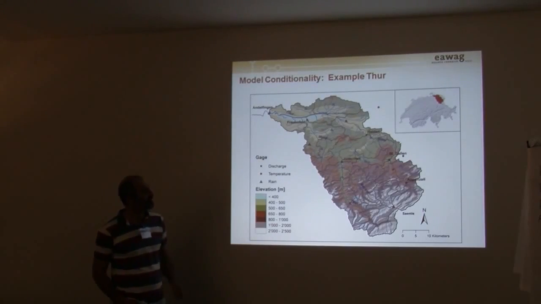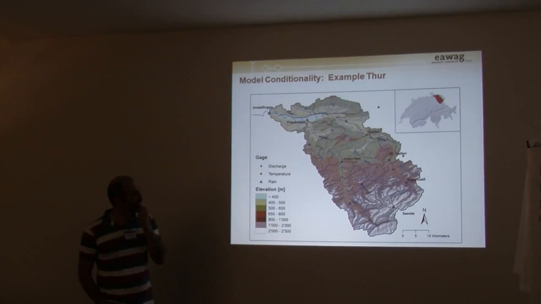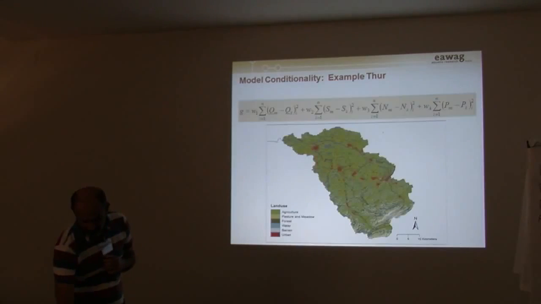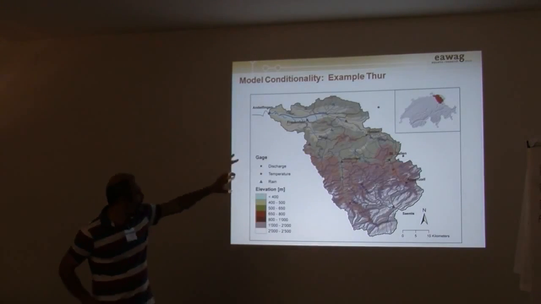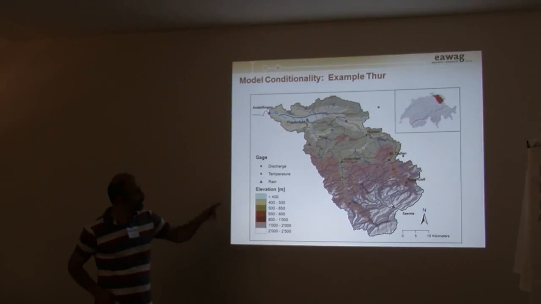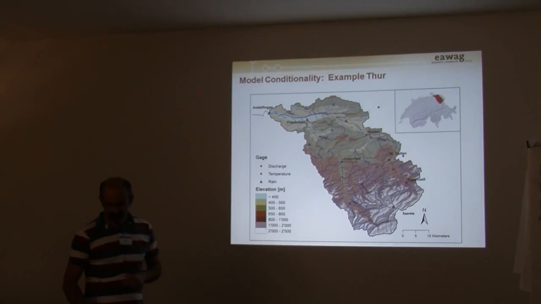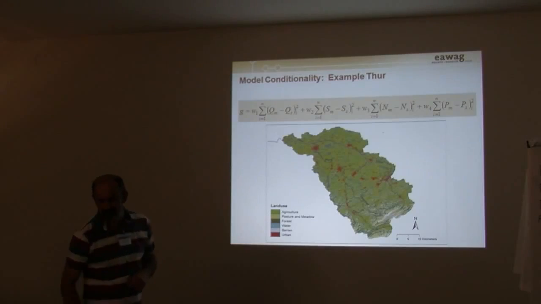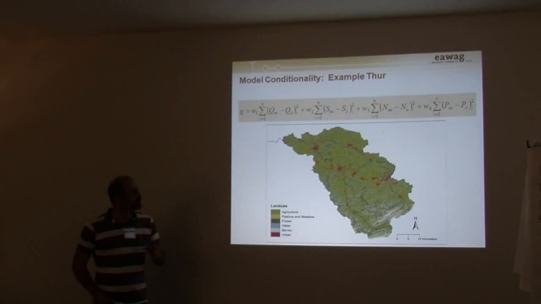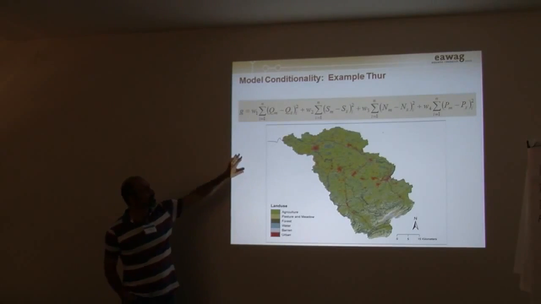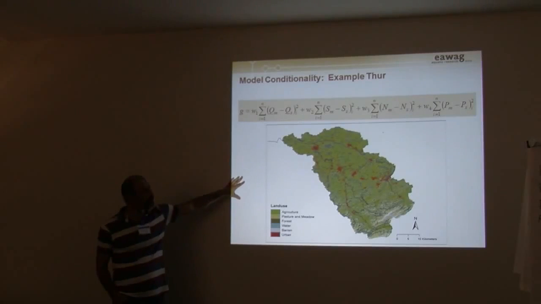That's an example of this conditionality. This is actually a good example because this is the same Thur watershed in the northwest of Switzerland. This was actually one of the first things I did with SWAT.